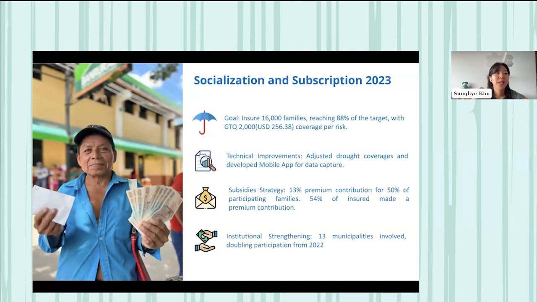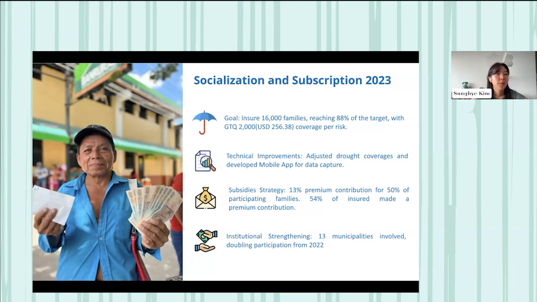In 2023, we aimed to insure more than 16,000 families and reached 88% of our target. And then we had a few technical improvements. We adjusted drought coverages and also developed a mobile application for data capture, which helped us to be more efficient when it comes to subscription of our beneficiaries.